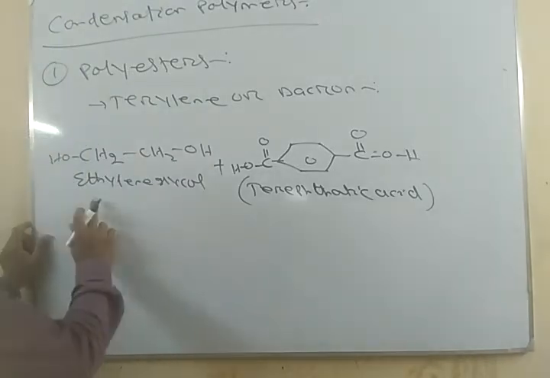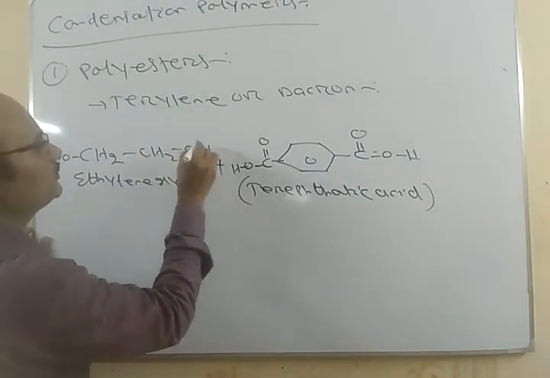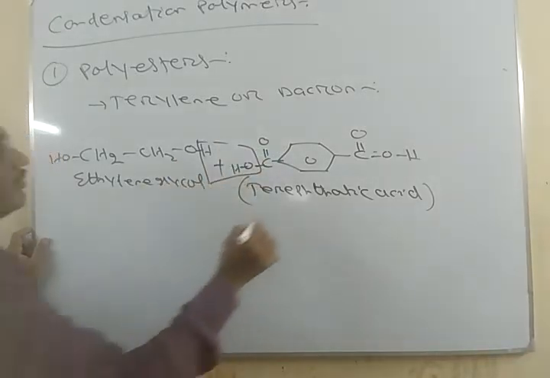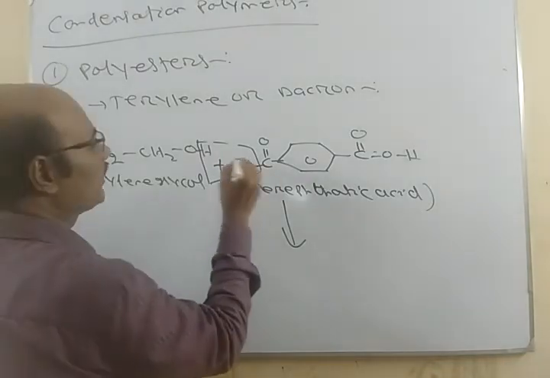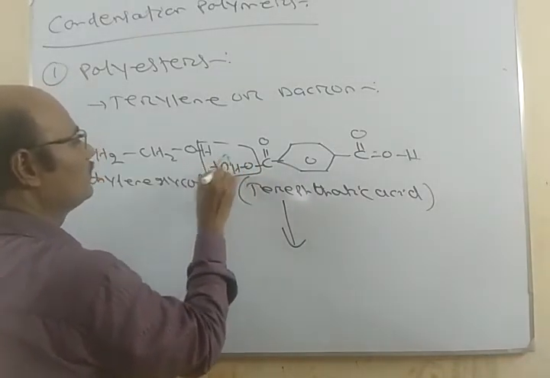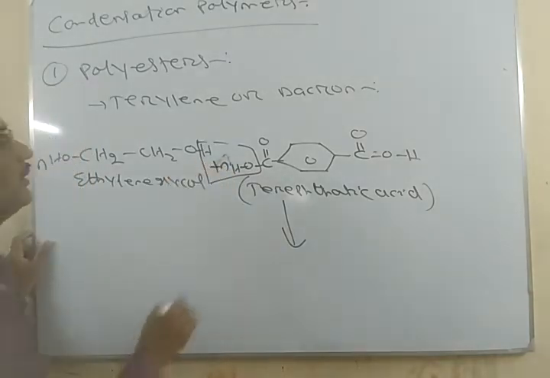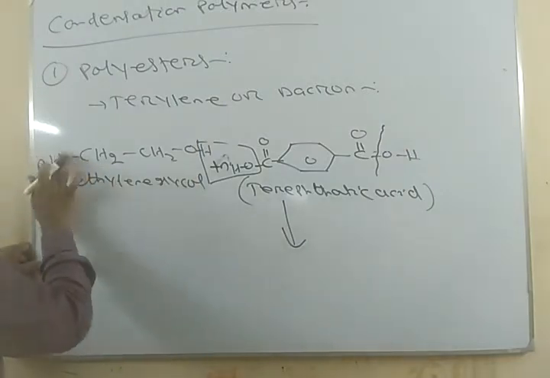Okay. So ethylene glycol, HO and OH, n molecules of ethylene glycol and n molecules of terephthalic acid. Now similarly here also the OH will go.